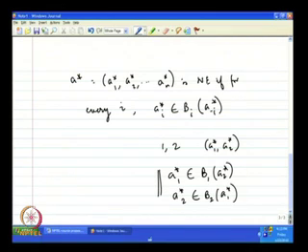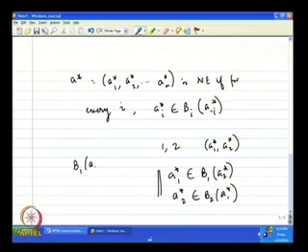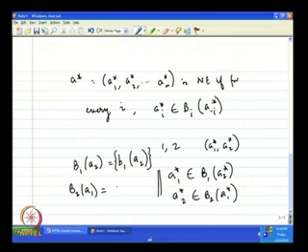So, this best response function is closely related to the idea of Nash equilibrium. In particular, if this best response function includes only a single element, that is, it is a unique valued function, a singleton set, then the thing becomes easier. Suppose B_1 and B_2 are single valued.